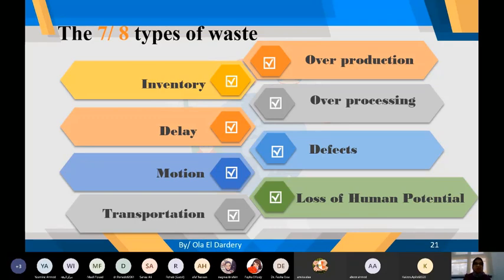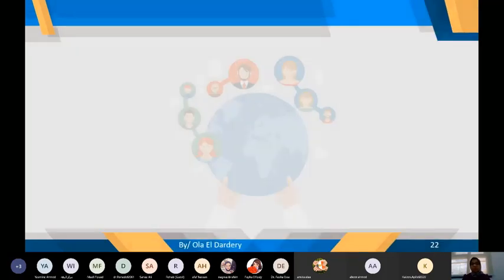So don't waste human potential. When the person has potential to do better than what he's doing, just put him in the right place. Otherwise, it's considered a source of waste as well, right? So those are the 7 or 8 types of waste that can exist in any organization and need to be gotten rid of. This is step 2, waste elimination. All right.